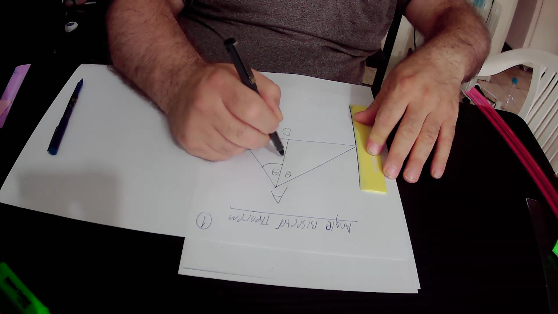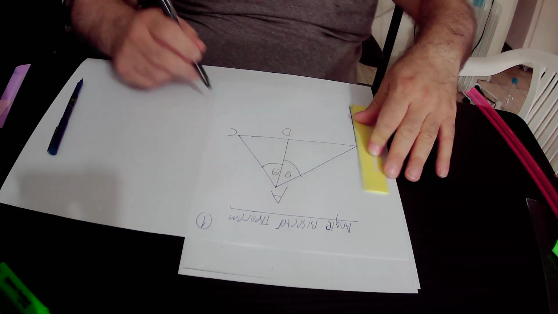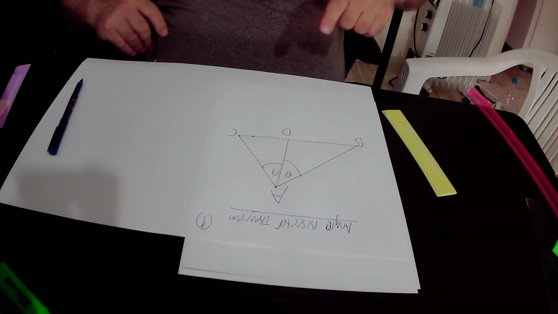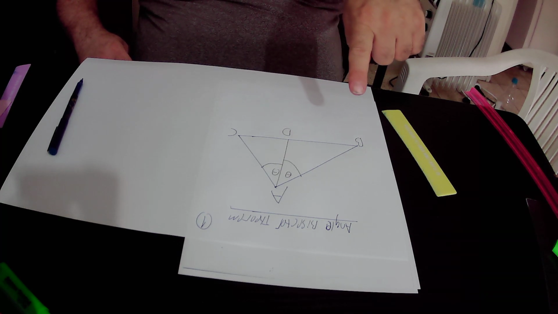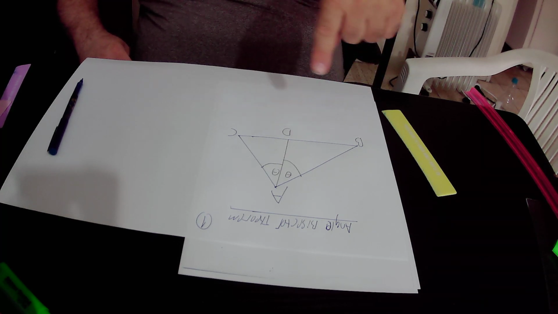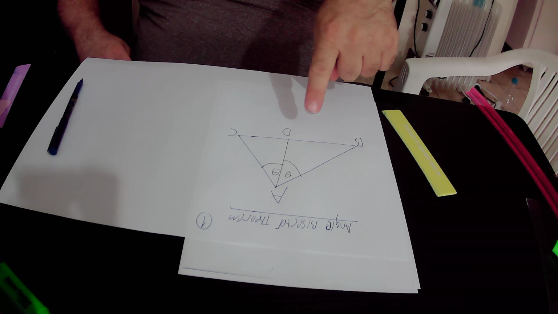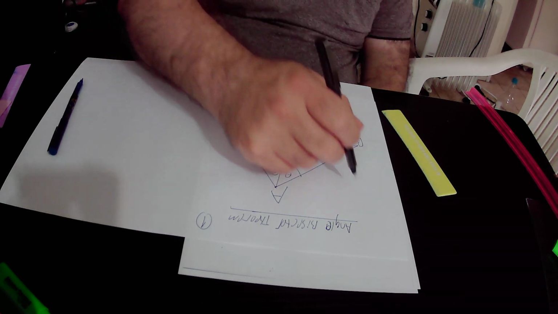AD is the angle bisector because it bisects angle BAC, or divides angle BAC into two halves. Each half equals theta.